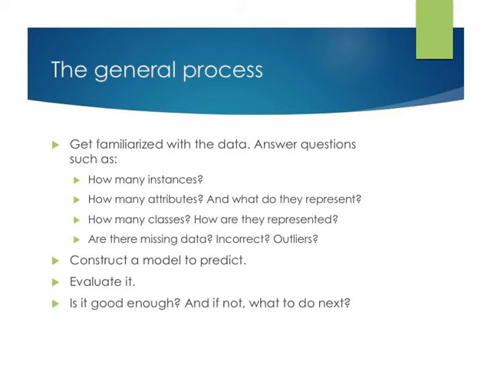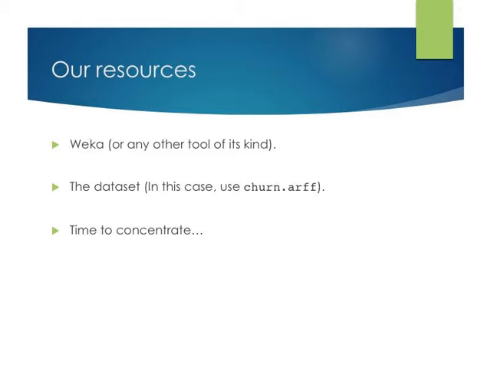I mean, what happened? Is the data good enough? Maybe it's too noisy. Maybe it's not enough data. Maybe the model that we are trying to use is not the correct one. Maybe the process itself to construct the model wasn't optimized, and so on. So we need to consider that and probably repeat the process after changing some things.